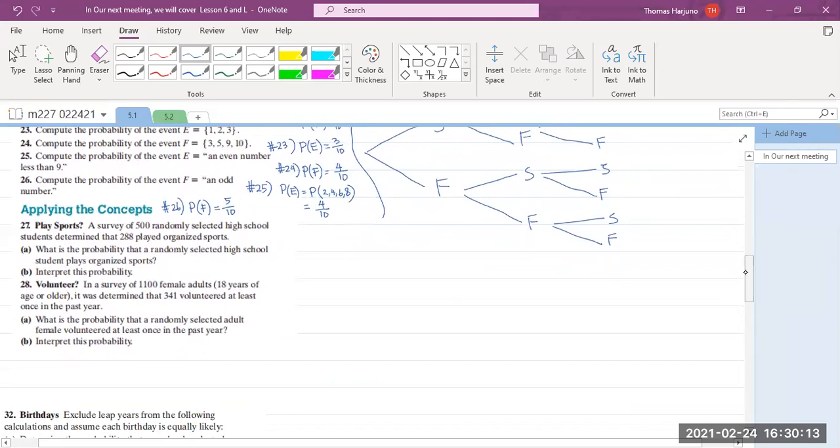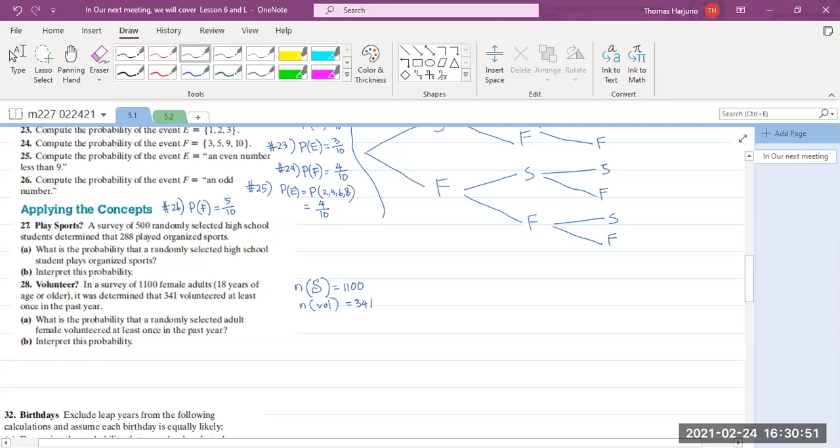Number 28. In a survey of 1,100 female adults, usually we use this notation, N of the sample space. The number of elements in the sample space is 1,100. It was determined that 341 volunteered at least once last year. So the number of people who volunteered is 341.